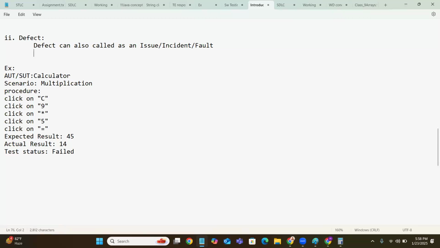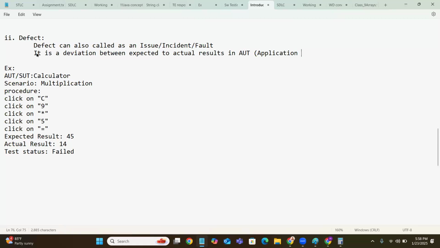What does a defect mean? It is a deviation between expected and actual results in AUT, application under test.